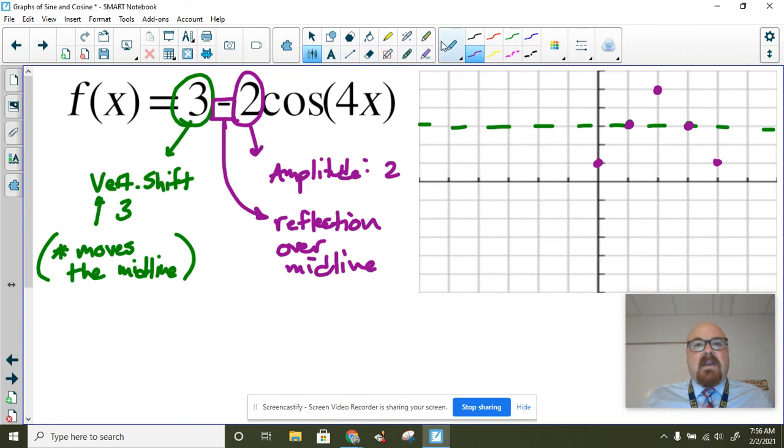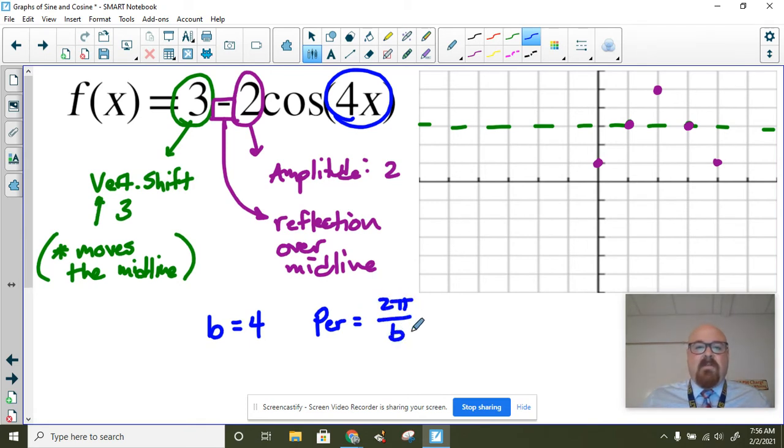Okay, inside here, what we see is our phase shift. We take all of this together. Now, B in this case is 4. And we know that the value of B affects the period according to this ratio. So in this case, we would say 2 pi over 4, which is equal to pi over 2.